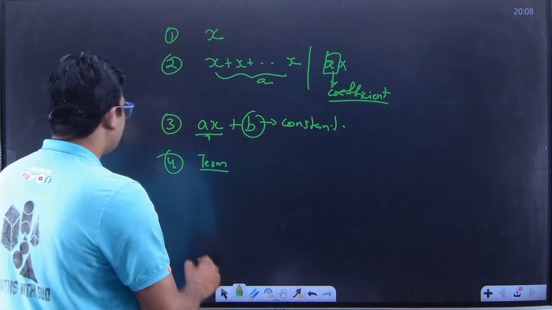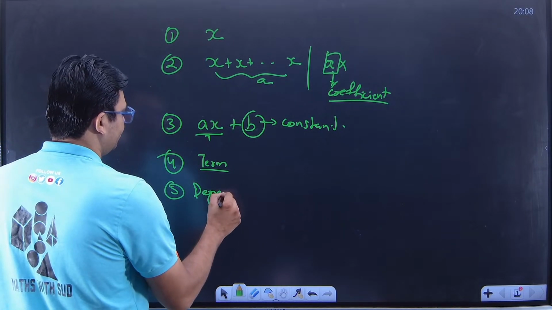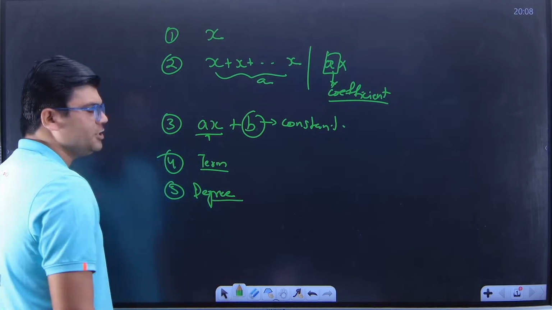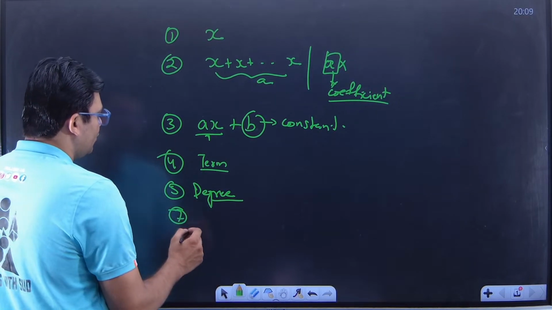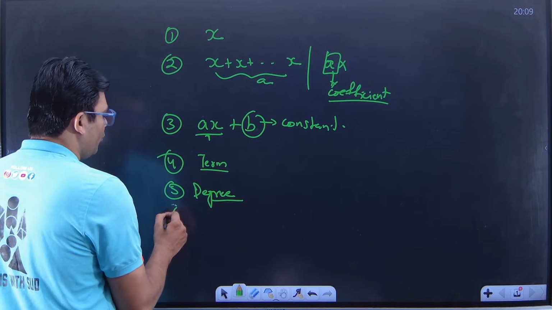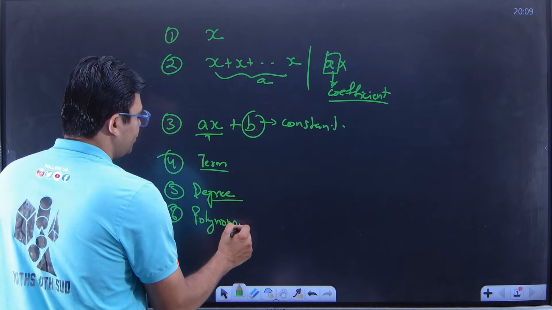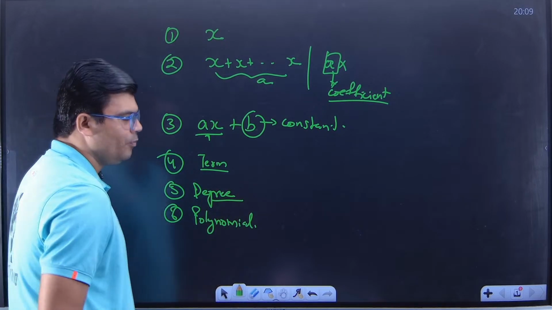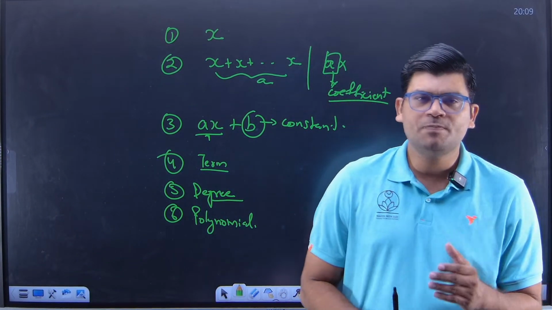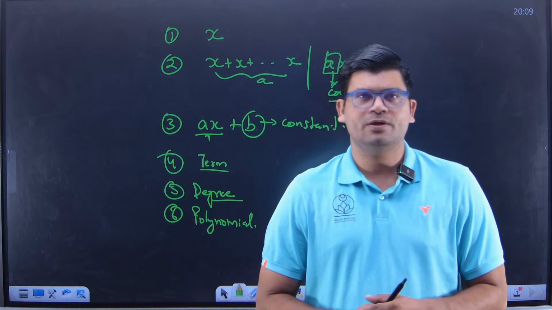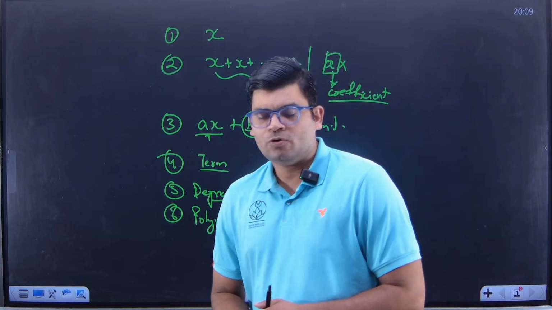After terms, there comes the degree of an expression. You know what is a degree? Yes, sir. The highest exponential power. Okay, then comes what is a polynomial? So polynomial is an expression whose exponential power of all the variables is a whole number.